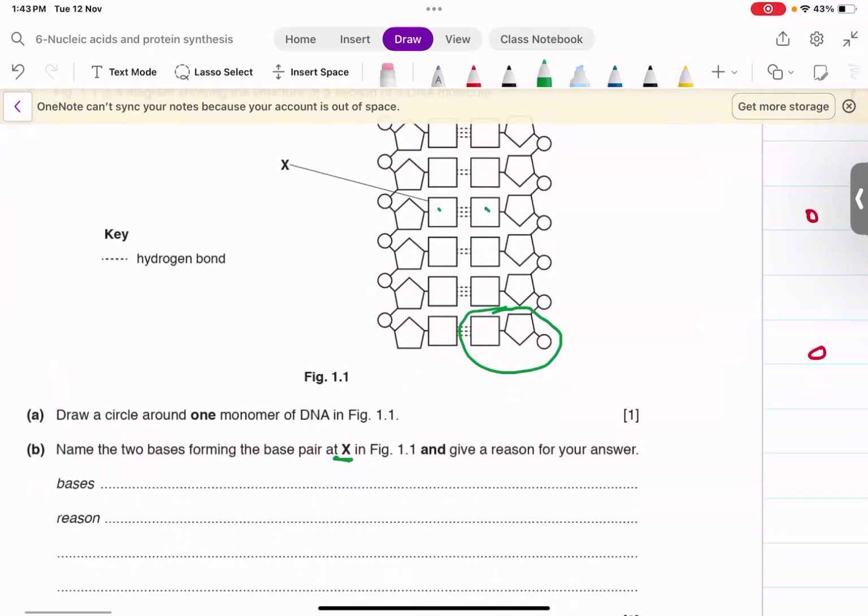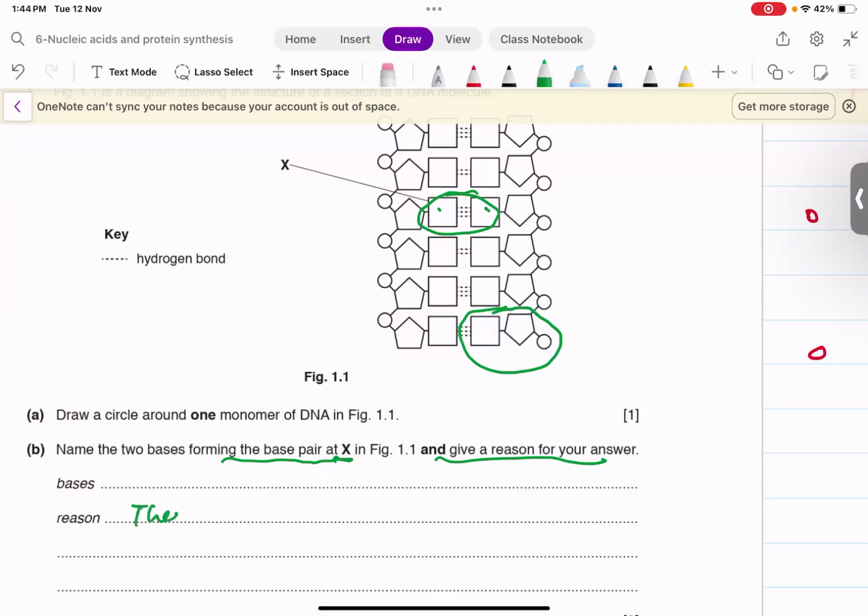Name the two bases forming the base pair at X and give the reason for your answer. So what will these two be? This is going to be G and C. Why? Because triple bond.